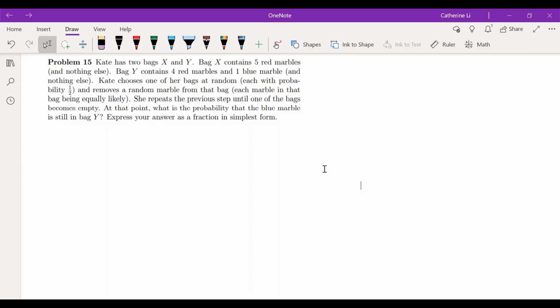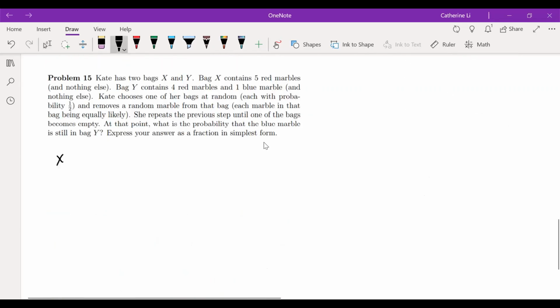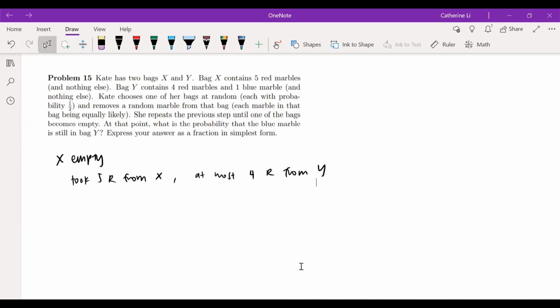So in order for the blue marble to still be in bag Y, X has to be the one that became empty, which means that we took away 5 red marbles from X, and then at most 4 red from Y. But we did not take away the blue marble in Y. For this one, I think the most straightforward solution is just by casework, but there's kind of a pattern to it.